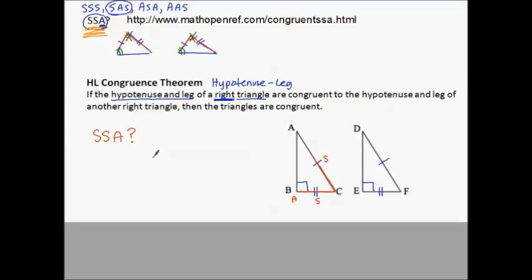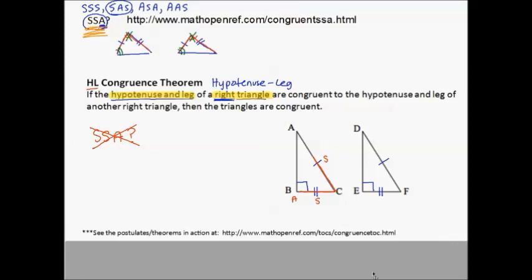Well, when it's a right triangle, we have no other option for how to swing that non-fixed side. So therefore, when it's a right triangle, SSA will work. But that's why we don't call it side-side angle. We have a better name for it, HL, the hypotenuse leg congruence theorem. But we have to have those two sides for a right triangle.